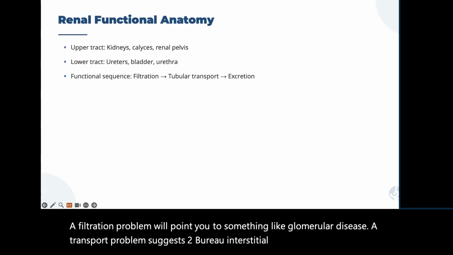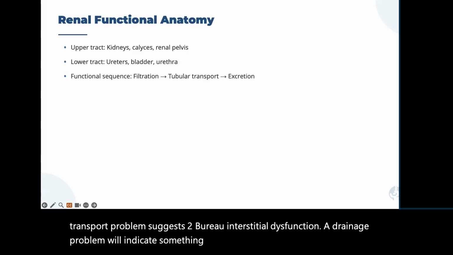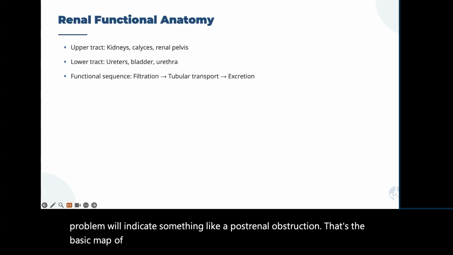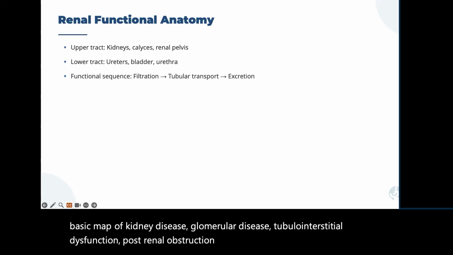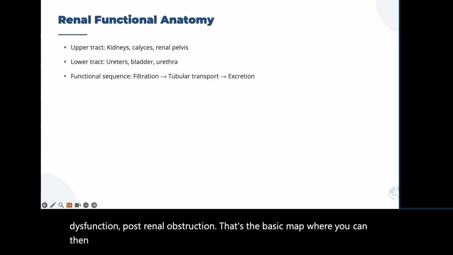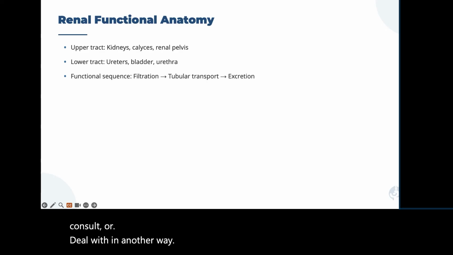A drainage problem will indicate something like a postrenal obstruction. That's the basic map of kidney disease: glomerular disease, tubulointerstitial dysfunction, postrenal obstruction. That's the basic map where you can then localize and decide whether it's something you need to manage, consult, or deal with in another way. Okay.